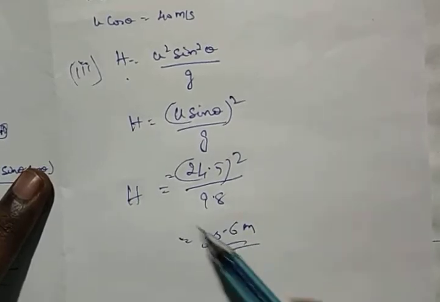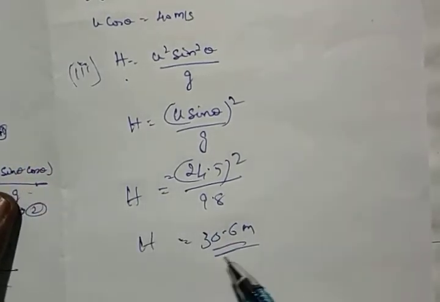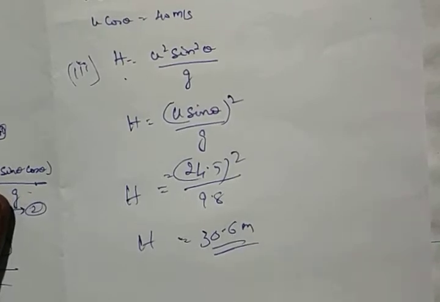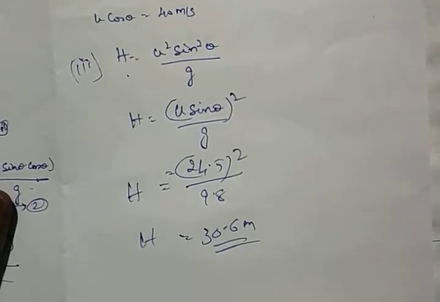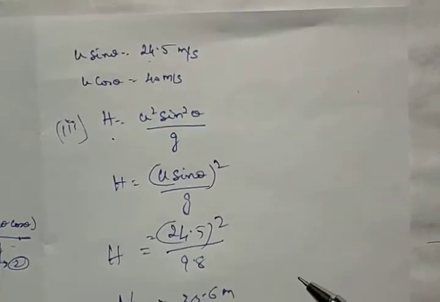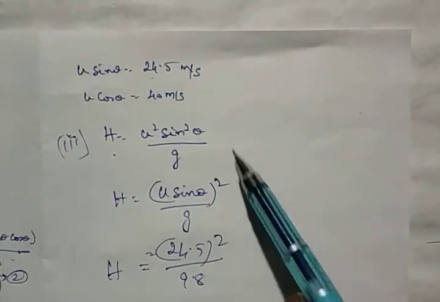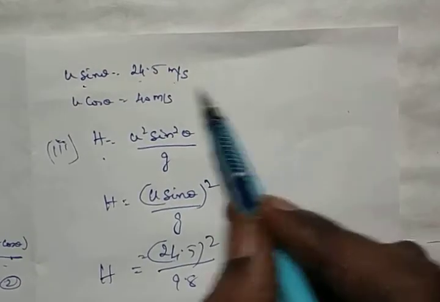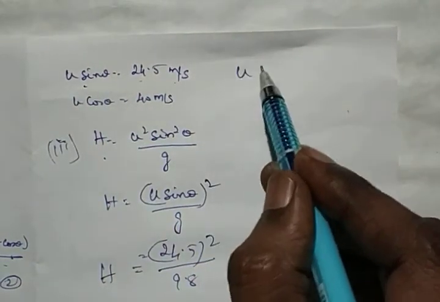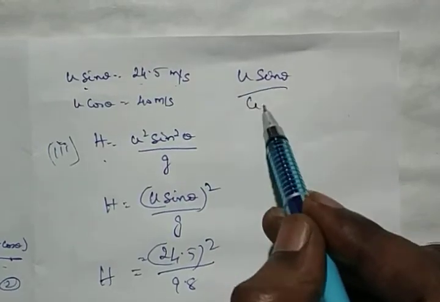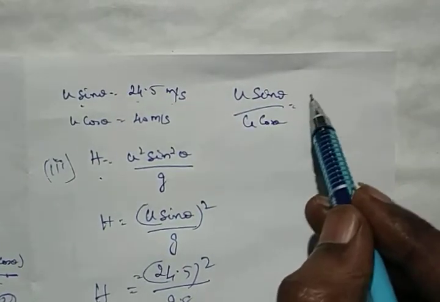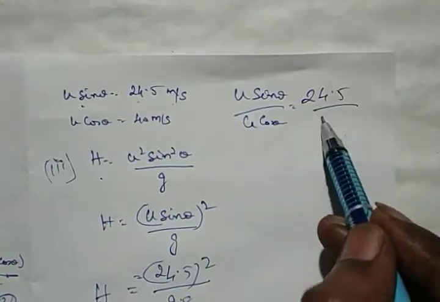I'm not going through the entire calculation. I'm just saying the answer and writing. You can do the calculation and see how it comes. And then it is also asked the angle made. What is the angle here? What is the theta value? If you want to know the theta value, you can just do it here itself. So divide both the equations. When you divide, u sine theta upon u cos theta is equal to 24.5 upon 40.